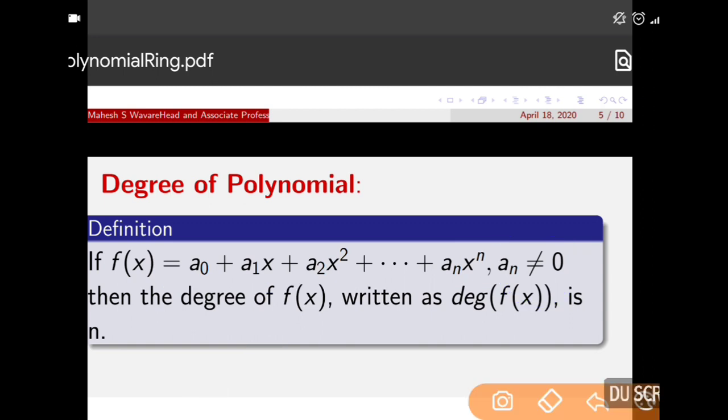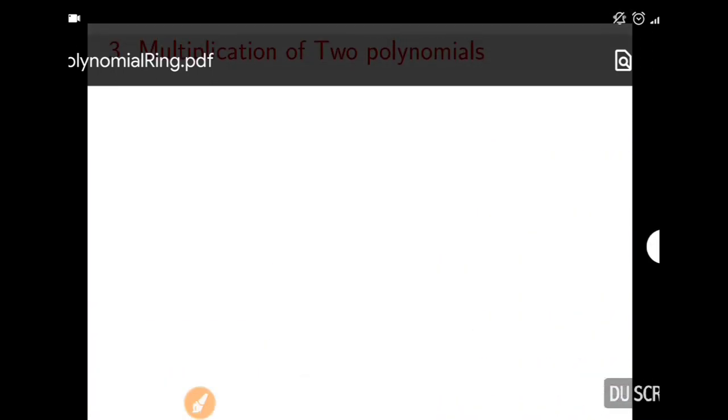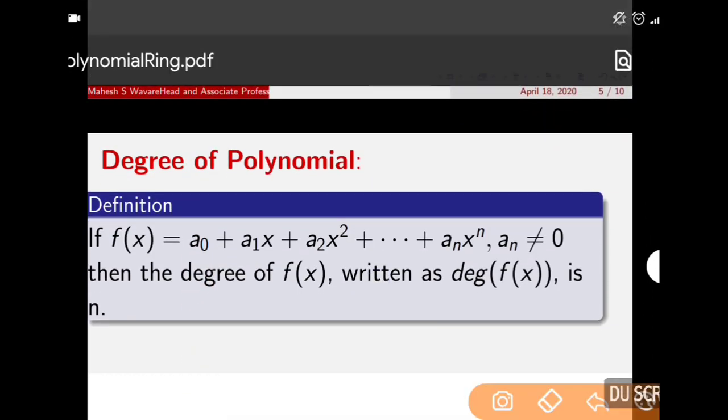One can easily find the degree of this. So its degree is 7. What is the degree of this? Its degree is 0, because this is the coefficient of x raised to 0, and that is the highest power, so its degree is 0.